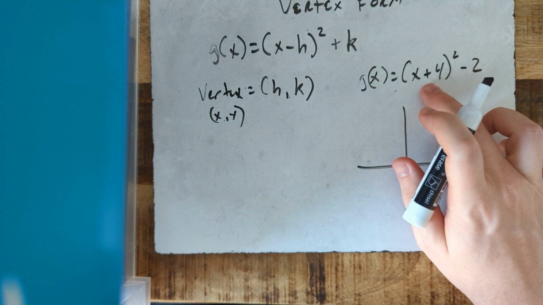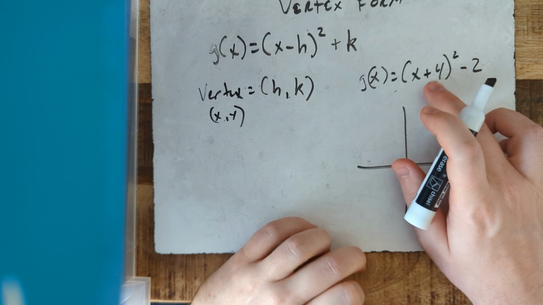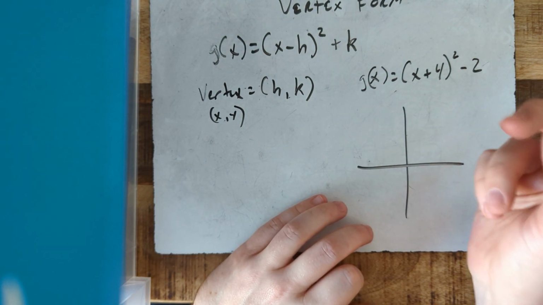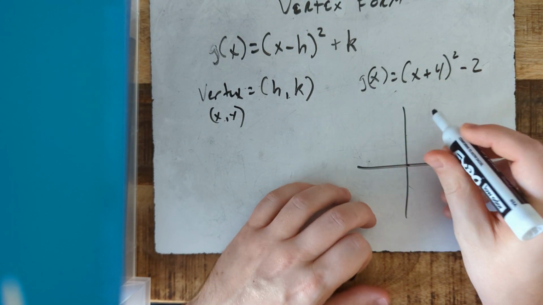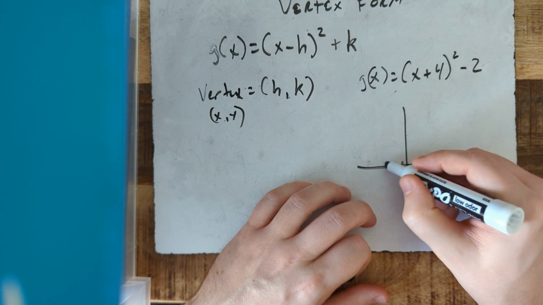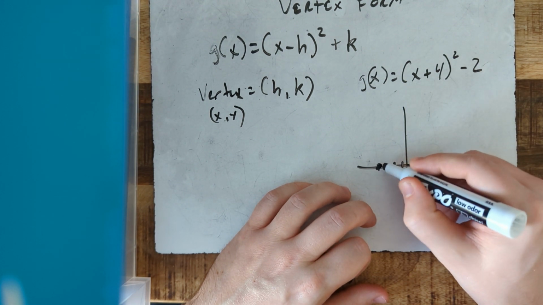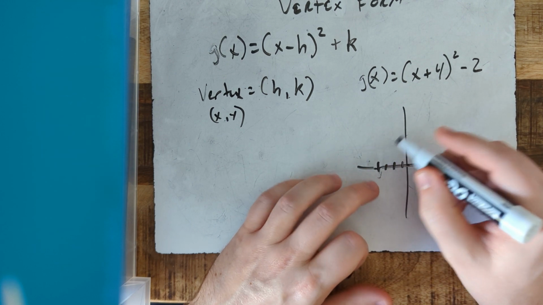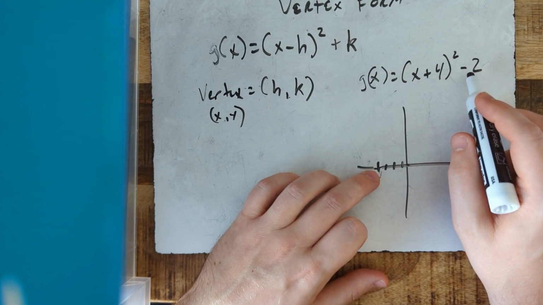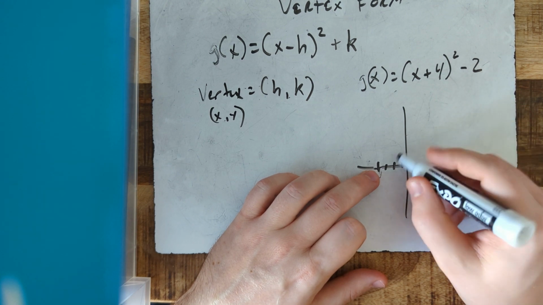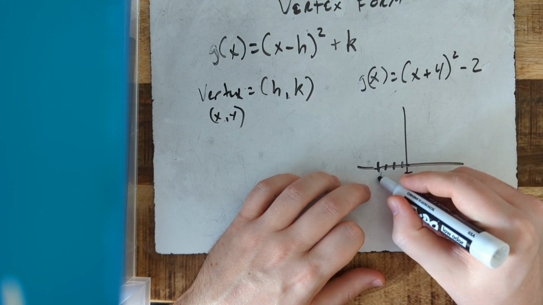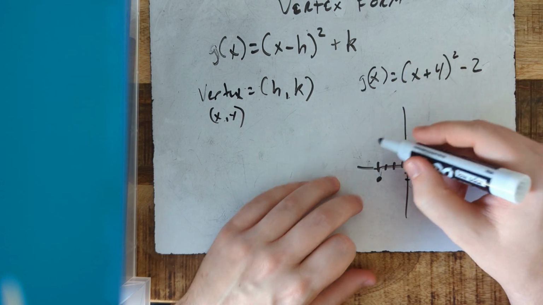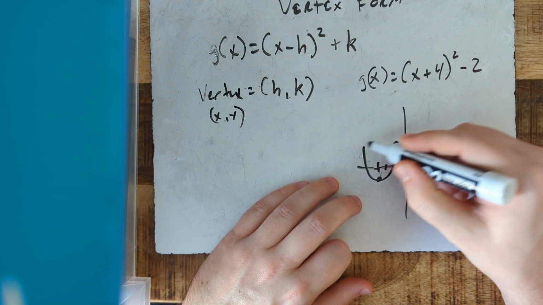It's a plus, which means we have to go to the left. So starting at 0, we're going to go left 4: 1, 2, 3, 4. Then we look at our k, it's negative 2, so we have to go down 2. 1, 2, there's our point, and there's our new graph.